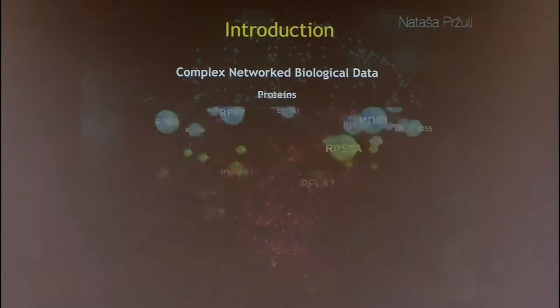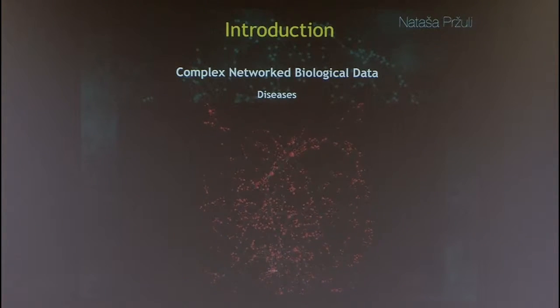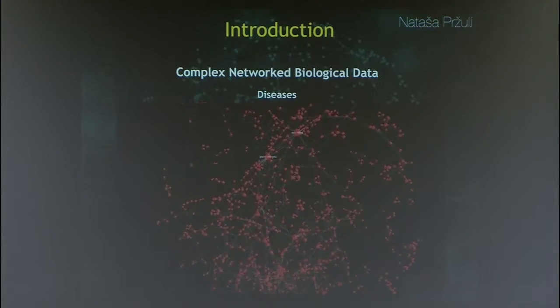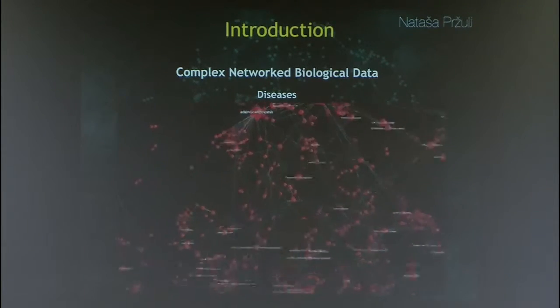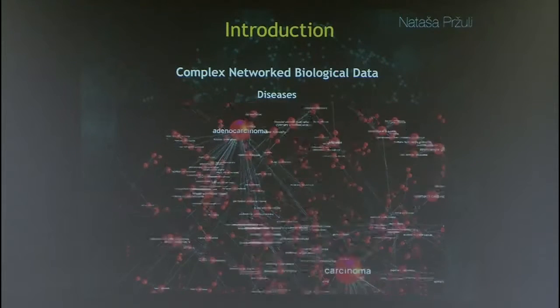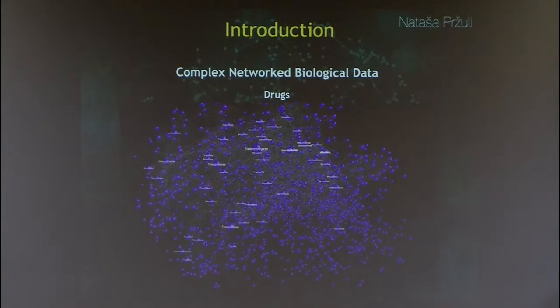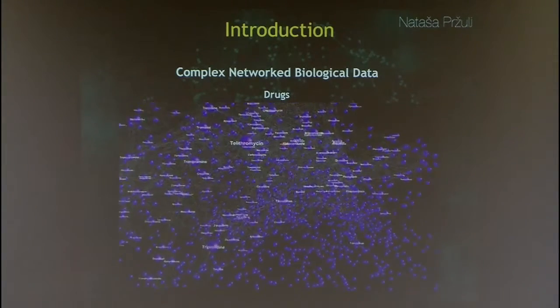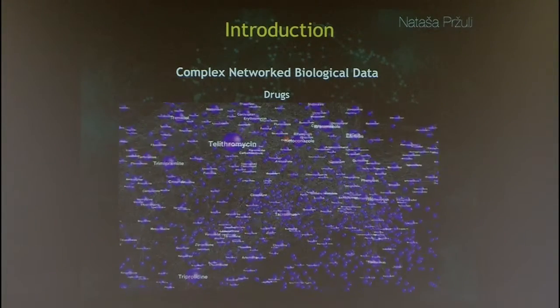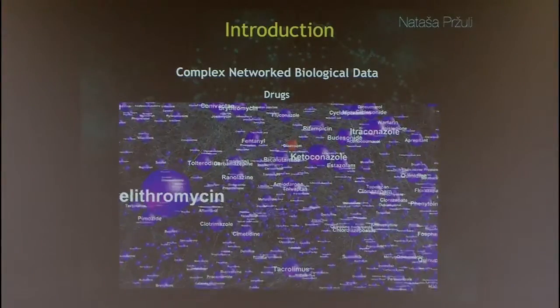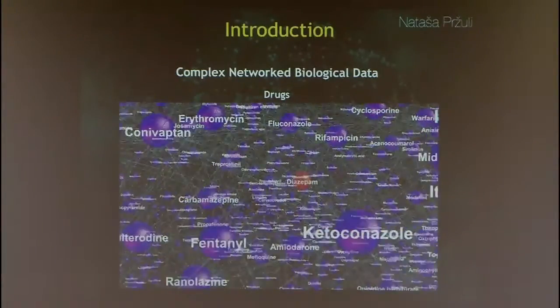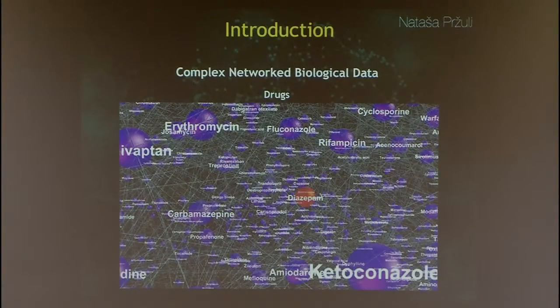So we have protein interaction networks. Then we also have various types of networks on diseases. For example, we have disease ontology, or we can link diseases if they are comorbid in particular patients and so forth. Also on drugs, we can have various networks, whether it's drug chemical similarity or whether drugs are given to the same patient group and so forth.